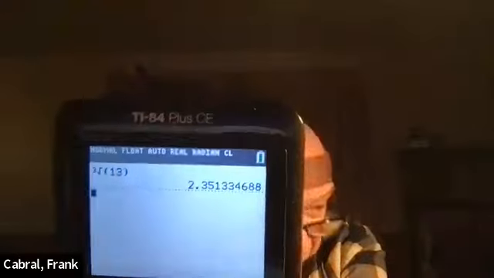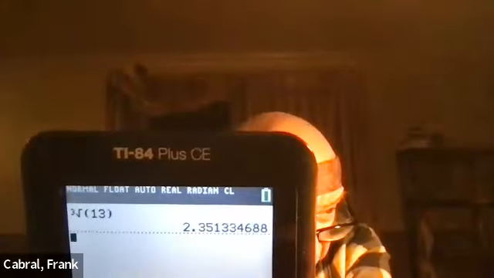It says approximately 2. Oh, sorry, cube root of 12, not 13. My mistake. Try this again. Cube root of 12 is 2.2894, and so on and so forth.